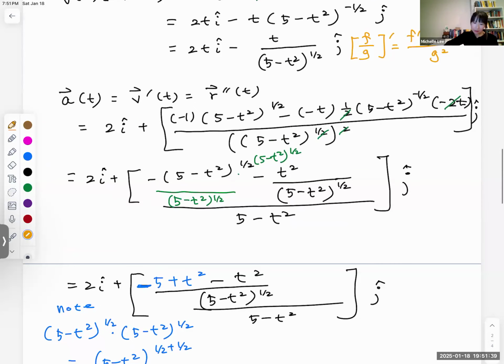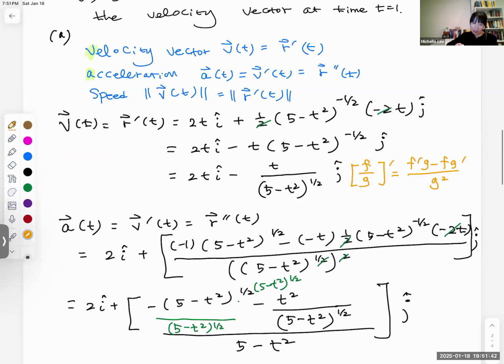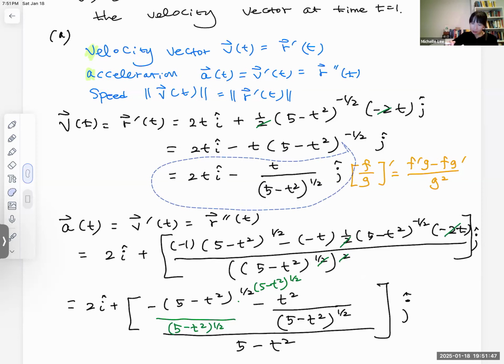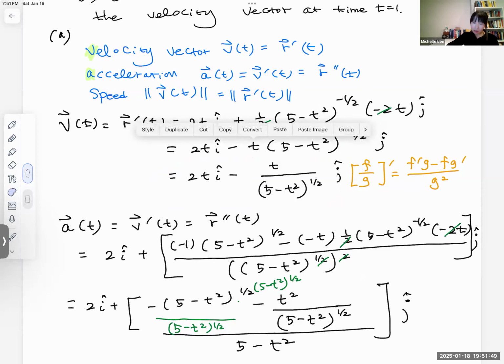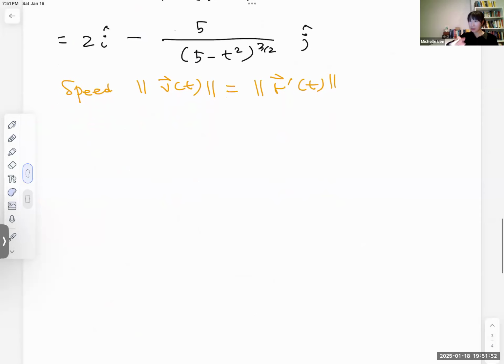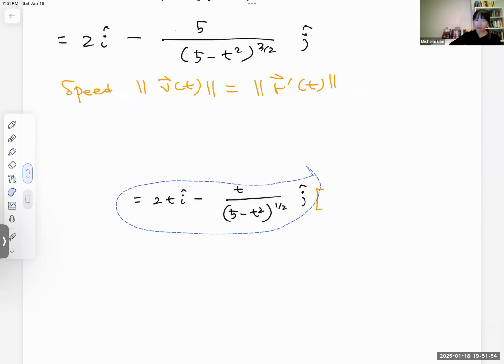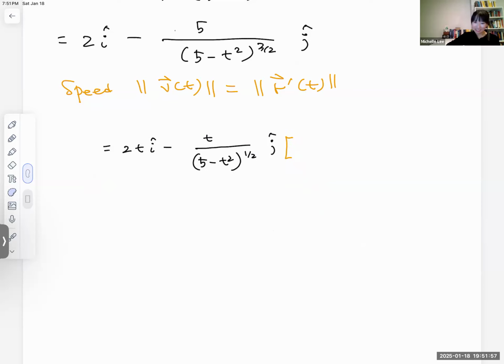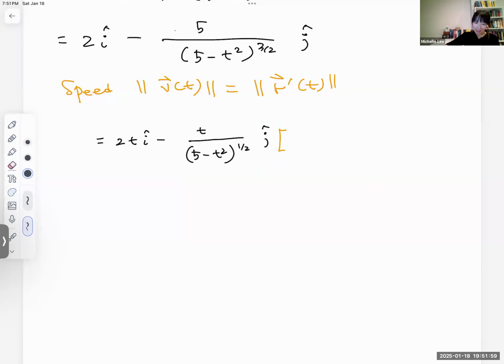So we have r prime of t. If I make a mistake, please tell me. I know no one is here. All right. So we have v of t, which is the same as r prime of t.